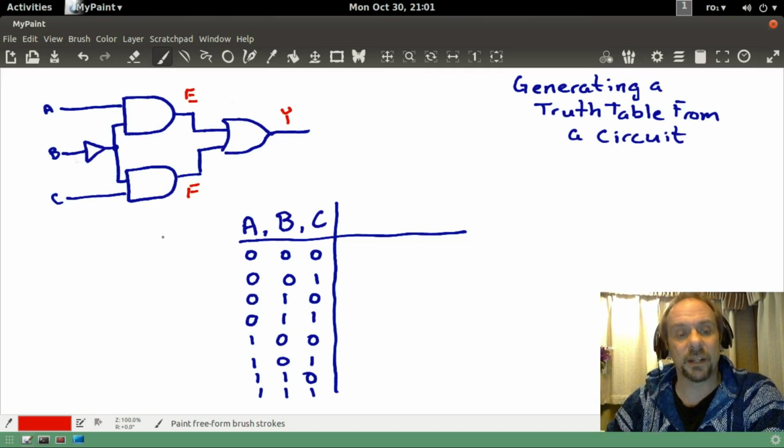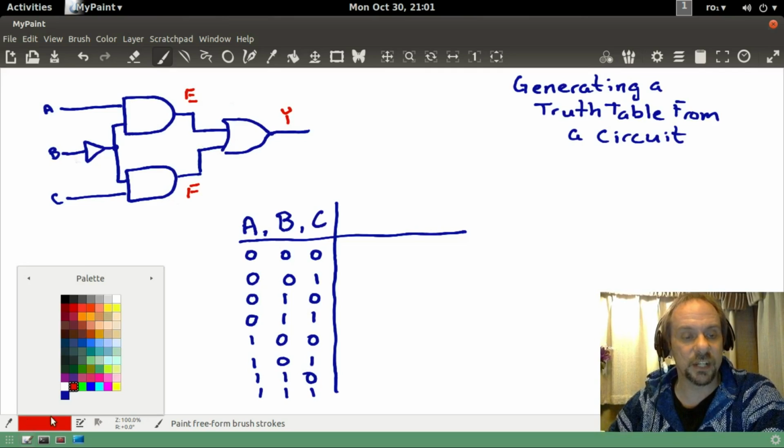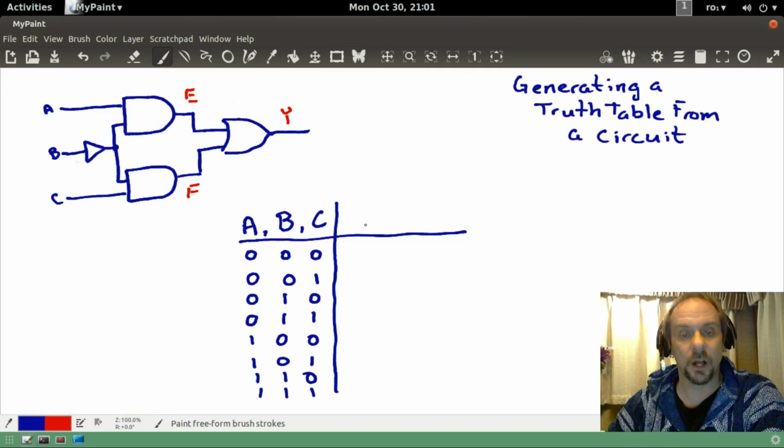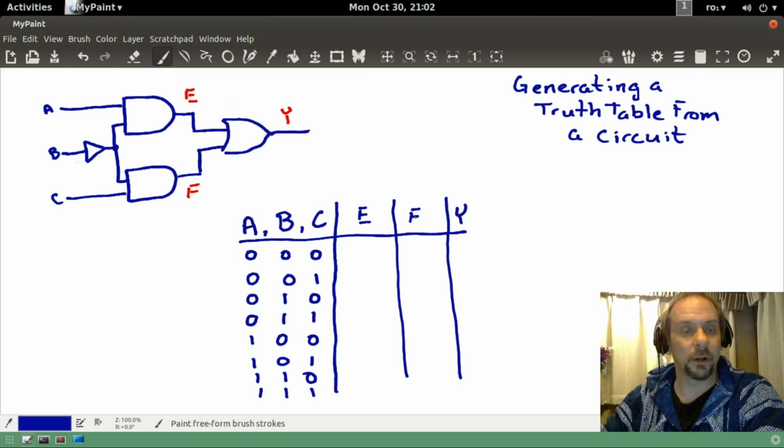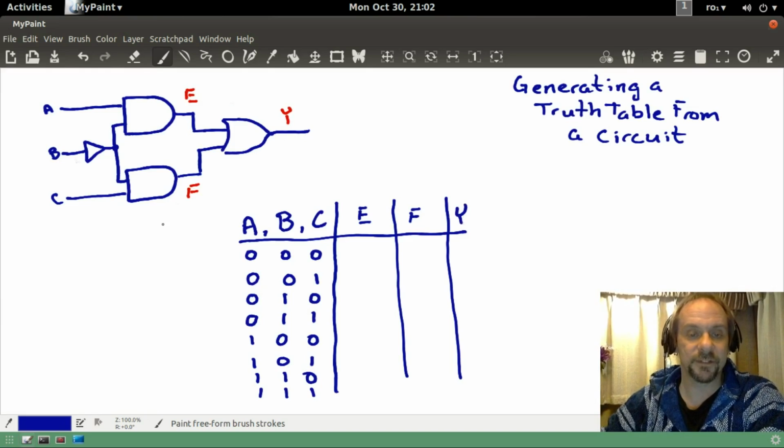Having done that, I need to represent each of these outputs on this table down here. So I have E, F, and then my final output of Y. Okay, so I've set up the guides.